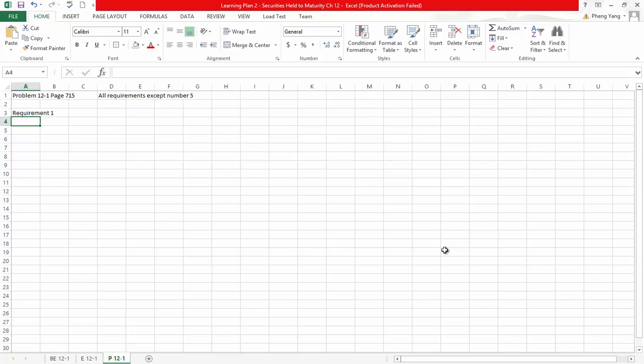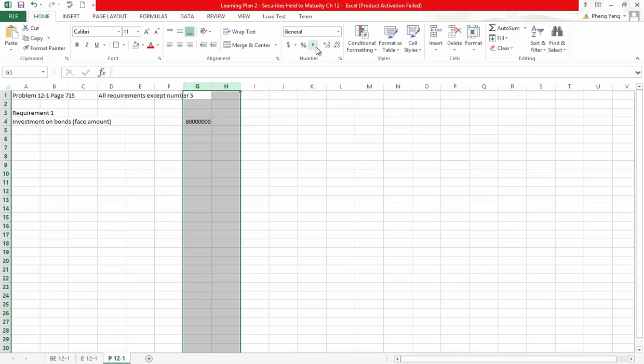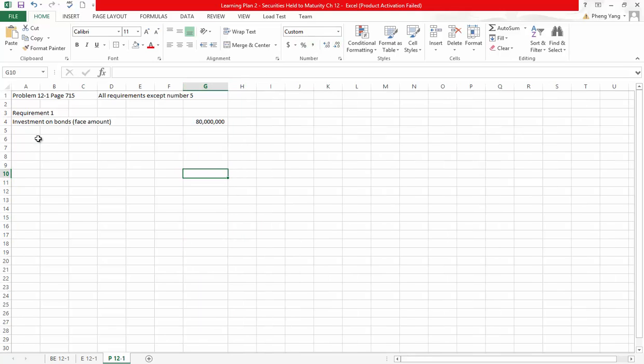So requirement 1, we are to prepare the journal entry to record Fuzzy Monkey's investments on January 1st, 2013. So same thing as what we've been doing before. We're going to record the investment in the bonds at the face amount of $80 million. Once again, it was bought at a discount on bond investment, which is the difference.